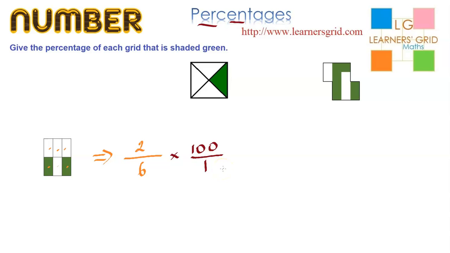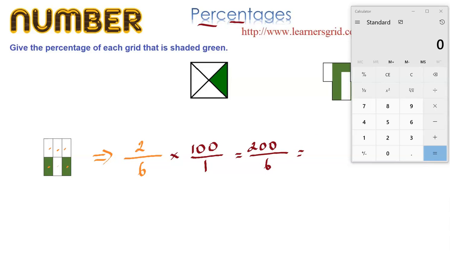Any whole number, to express it as a fraction, would be over 1. And now I just apply what I know about multiplying fractions, which is numerator multiplied by numerator. So what is 2 times 100? So that's 200. And denominator multiplied by denominator. So of course 6 times 1, well, that's 6. And I'm nearly there.